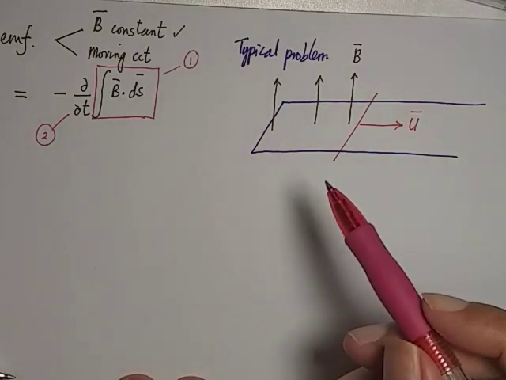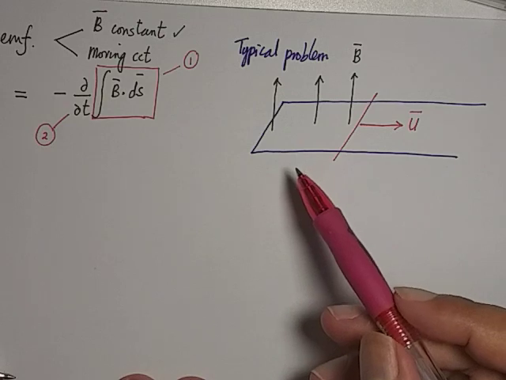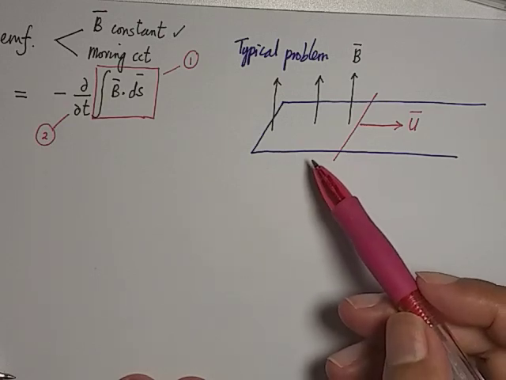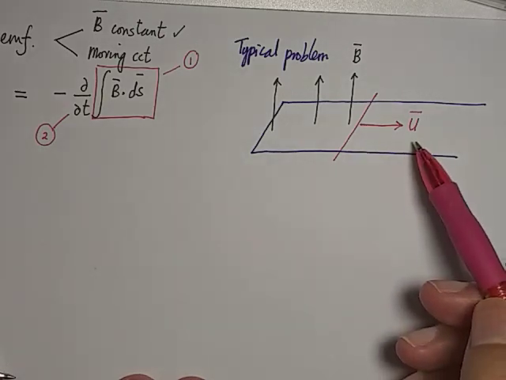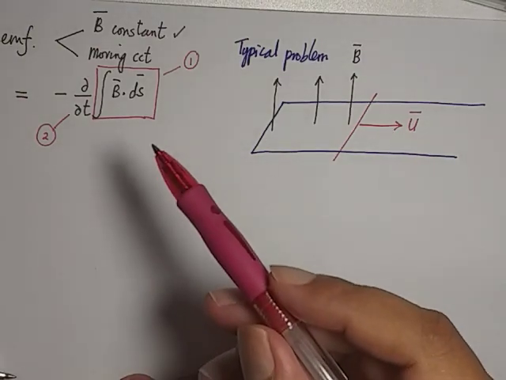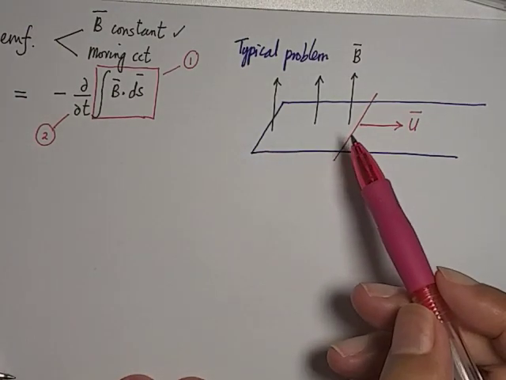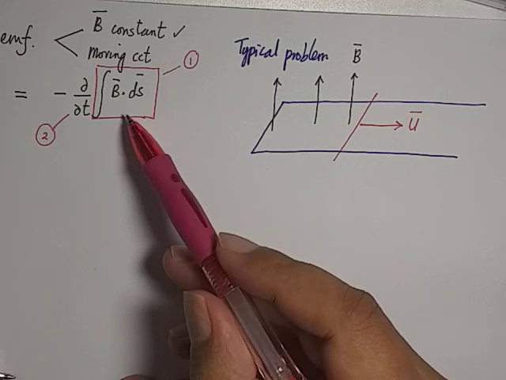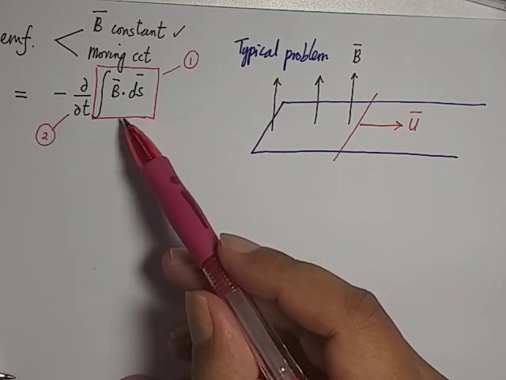I think it's much more practical if we use an equation which contains the information of u, rather than trying to solve this problem using the equation as shown here, which does not contain the information of movement.